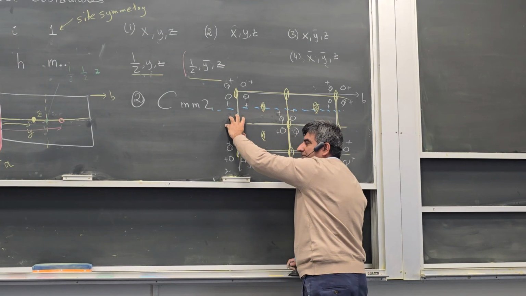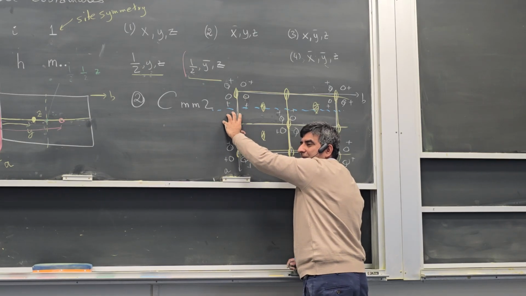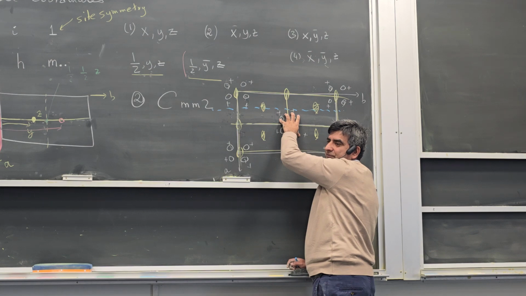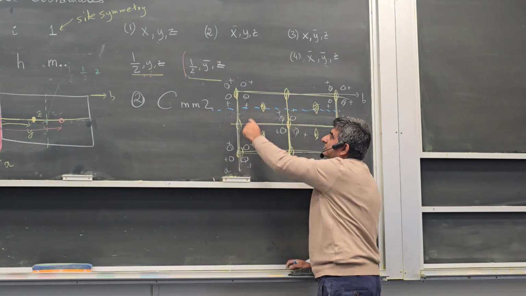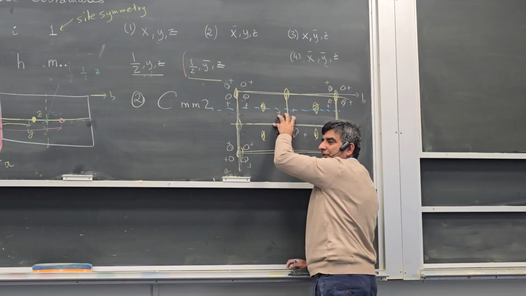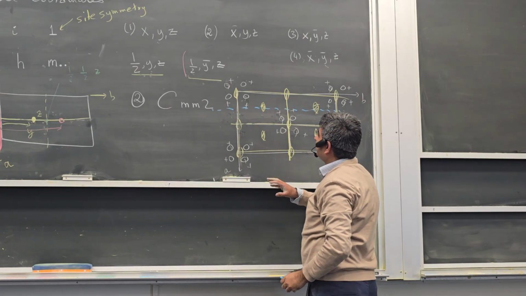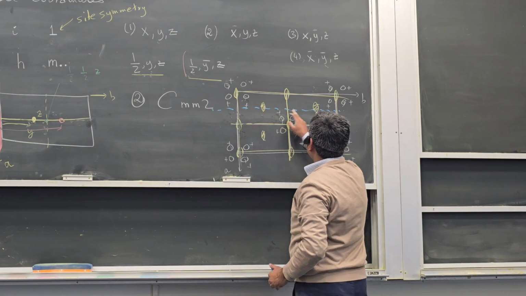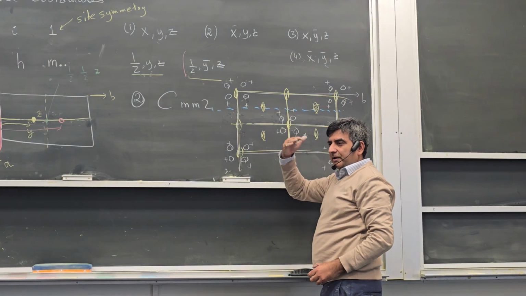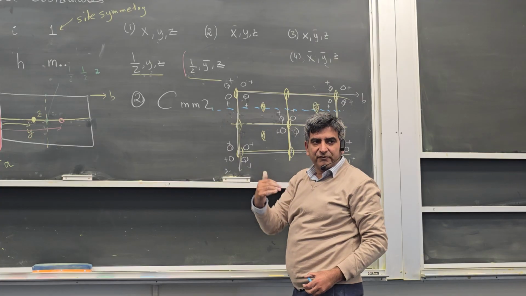So I do a reflection on this plane, followed by translation parallel to the plane. So this motif is connected to this motif. Precisely. So there is a symmetry operation that you can apply with this mirror plane. It has a special property. It's not just a mirror plane, it does a mirror operation, a reflection followed by translation.